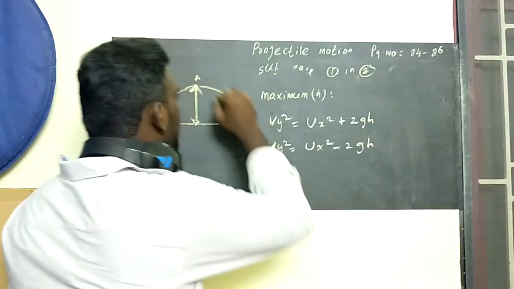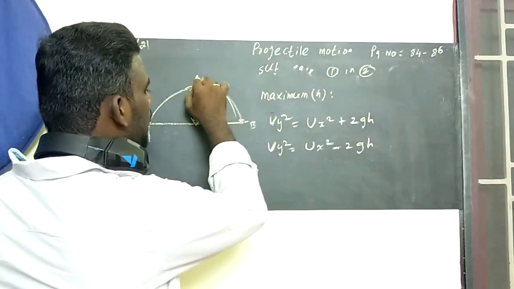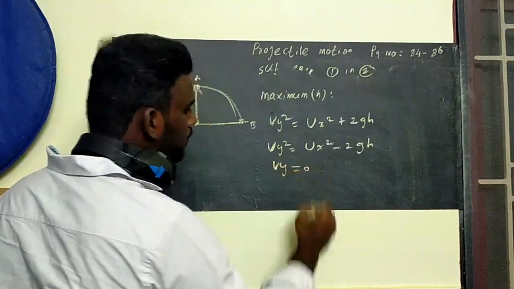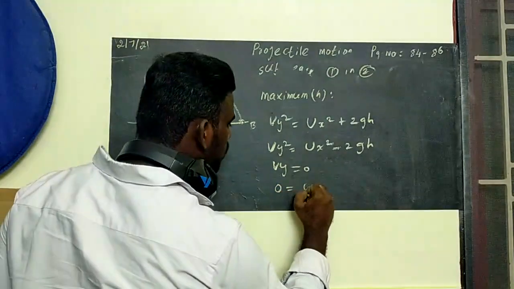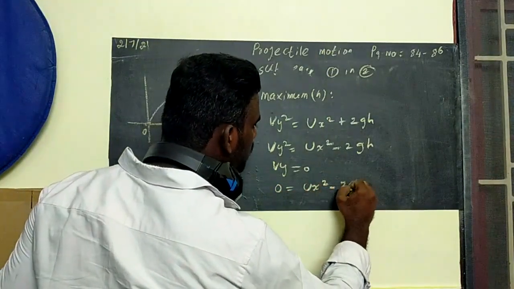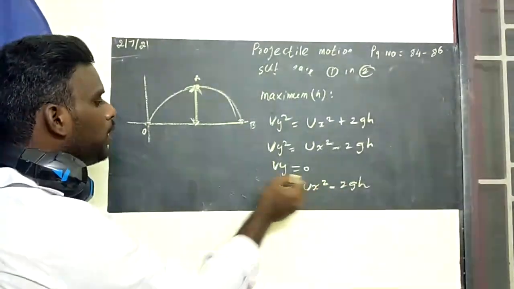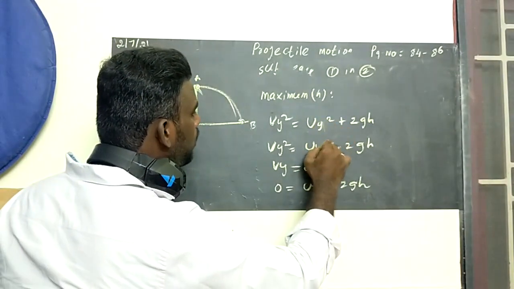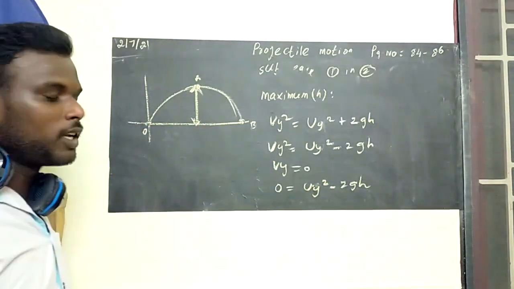And we know that when it reaches the maximum height, as you can see in the picture, the final velocity of the body in the vertical direction is equal to 0. So putting 0 here, we get 0 equals uy squared minus 2gh. We are using only the y components, that's why.